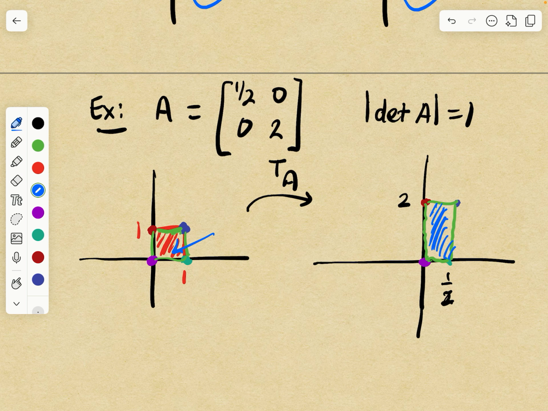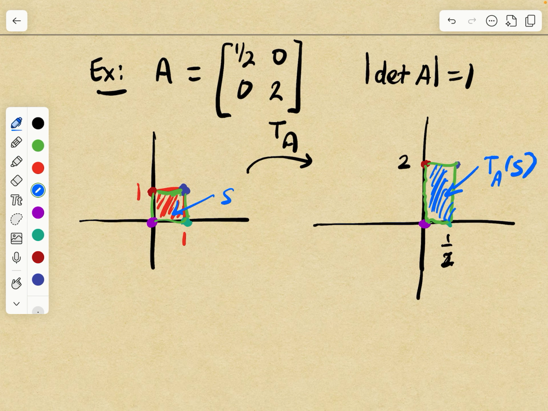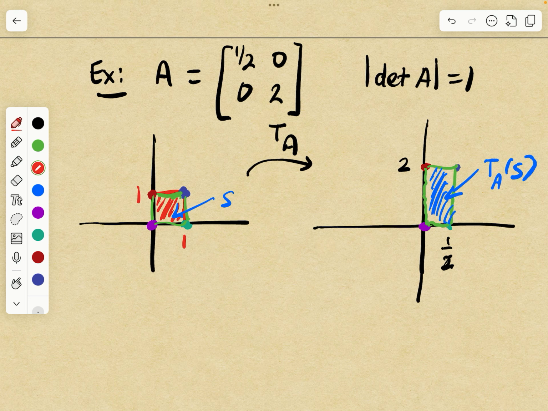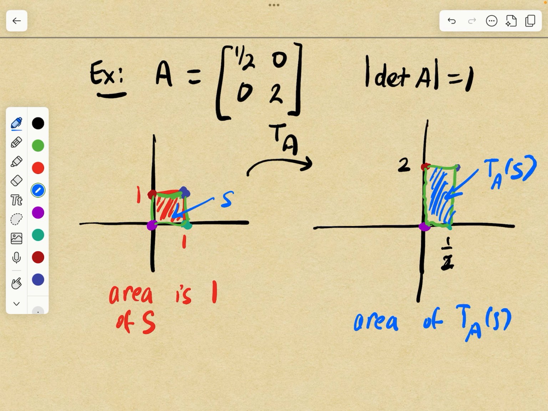So if that's your S, this is your T sub A of S. And if you look at the area of S, it is 1, and the area of T sub A of S is 1/2 times 2, which is 1.